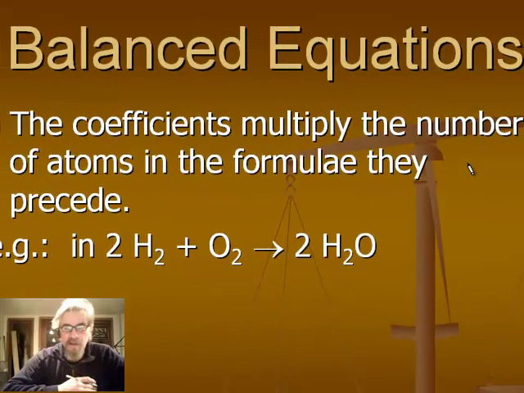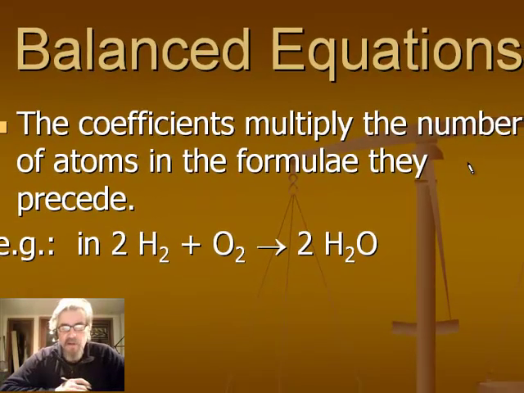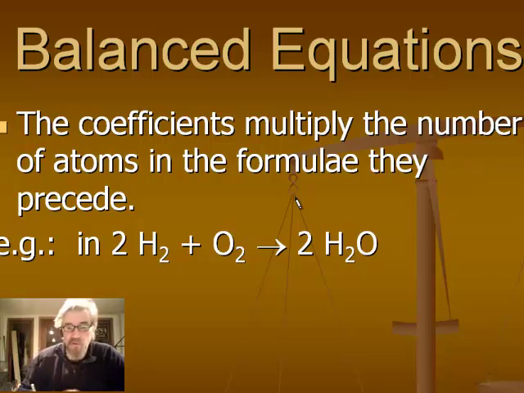When you think about how balanced equations should be read and thought about, one thing is clear: the coefficients multiply the number of atoms in the formula they precede. So all the atoms in that formula. So the 2 in front of H2O means 4 H's and 2 O's. The 2 in front of H2 means 4 H's.